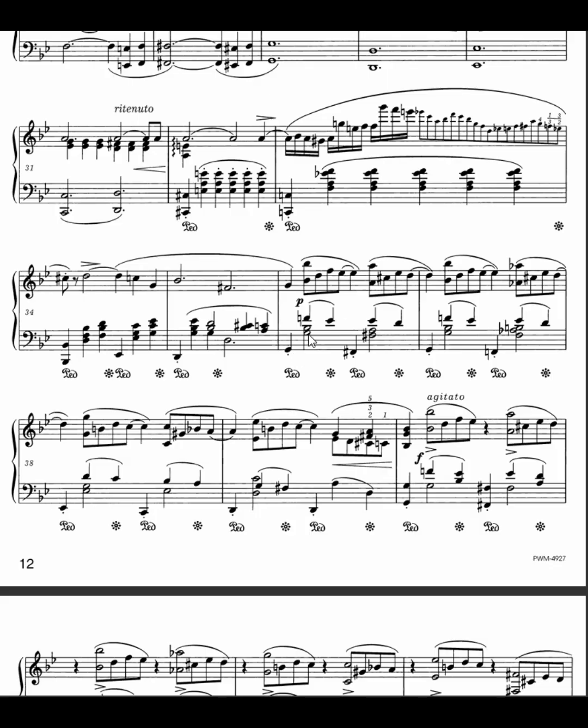And the cells of the left hand now, of course, have the function of accompaniment. But what is quite important about them is the amount of notes that they have. As you can see, here we have chords consisting of 3 notes, but here we only have 1. And it's not the same all the time.